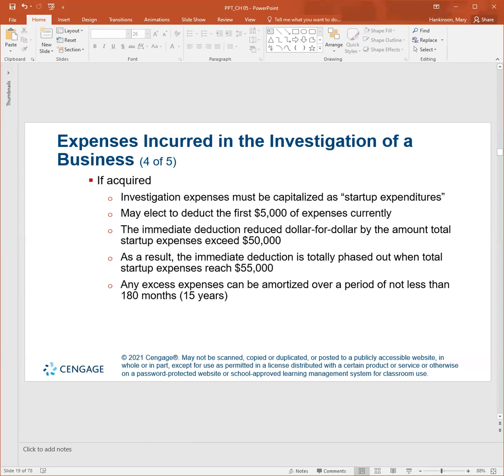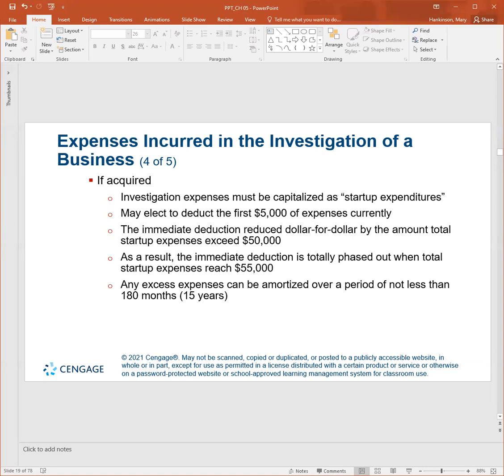So again, investigation expenses must be capitalized as startup expenditures. They may elect to deduct the first $5,000 of expenses currently, and then the immediate deduction is reduced dollar for dollar by the amount total startup expenses exceed $50,000.